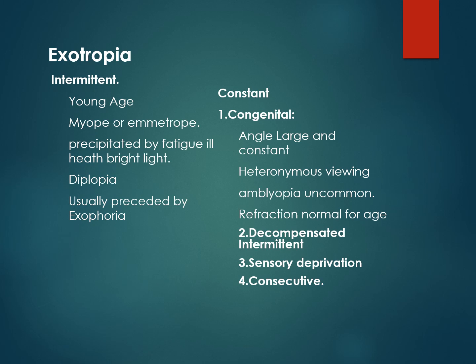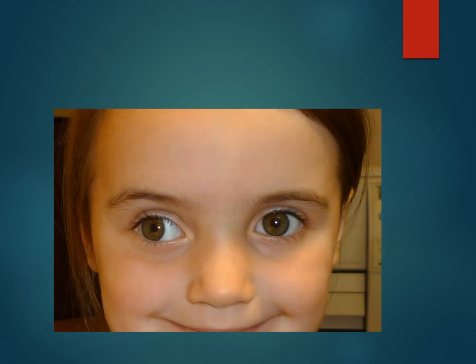Number 4, consecutive. It means when we do surgery for esotropia, miscalculation has been done and the eye is rendered exotropic. This picture shows a patient of right exotropia.